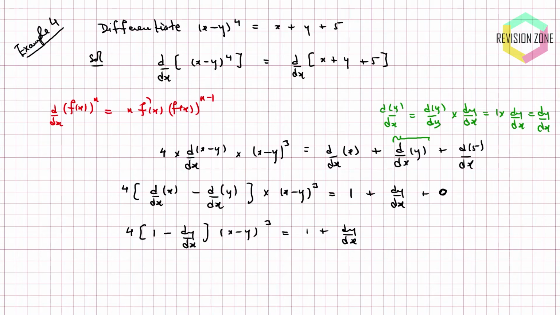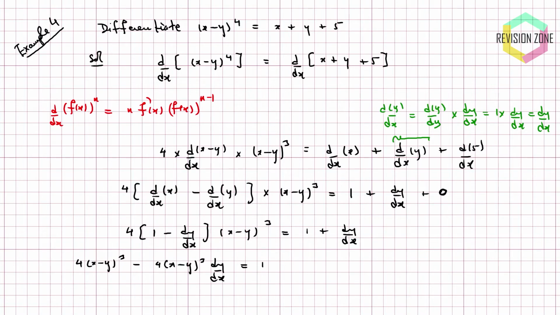So now it's just a game of rearranging. So I'm going to say 4(x − y)³ − 4(x − y)³ times dy/dx. That's just me expanding both the 4 into the bracket and the (x − y)³ into the bracket. And then the right-hand side is obviously what it is.